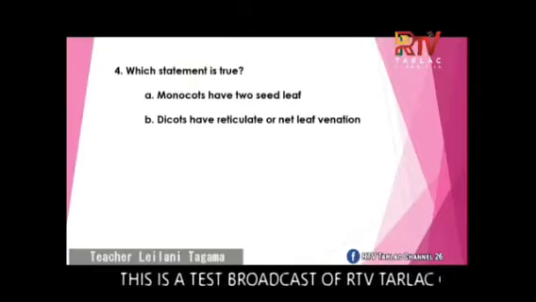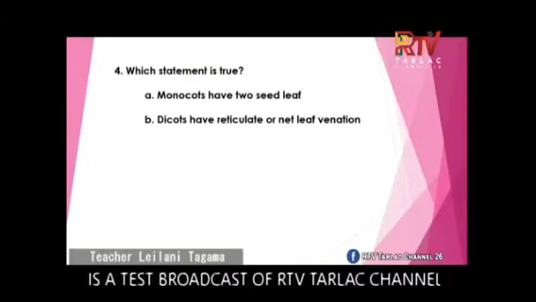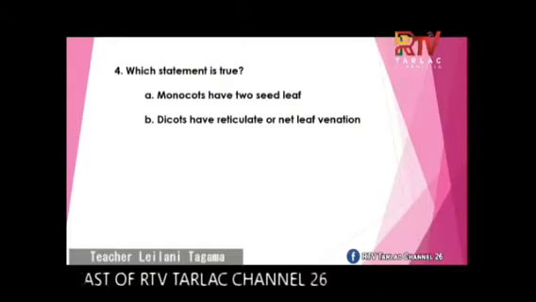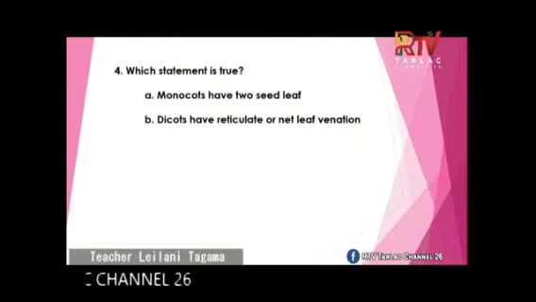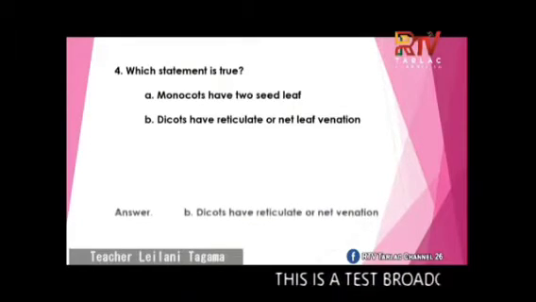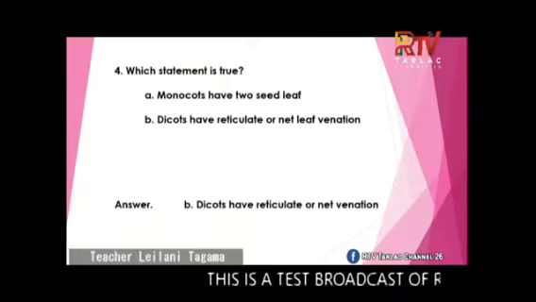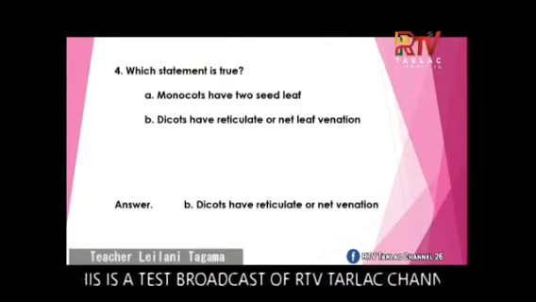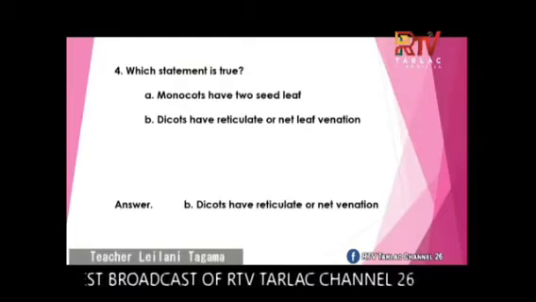B. Dicots have reticulate or net leaf venation. Very good. The answer is letter B. Dicots have reticulate or net leaf venation.